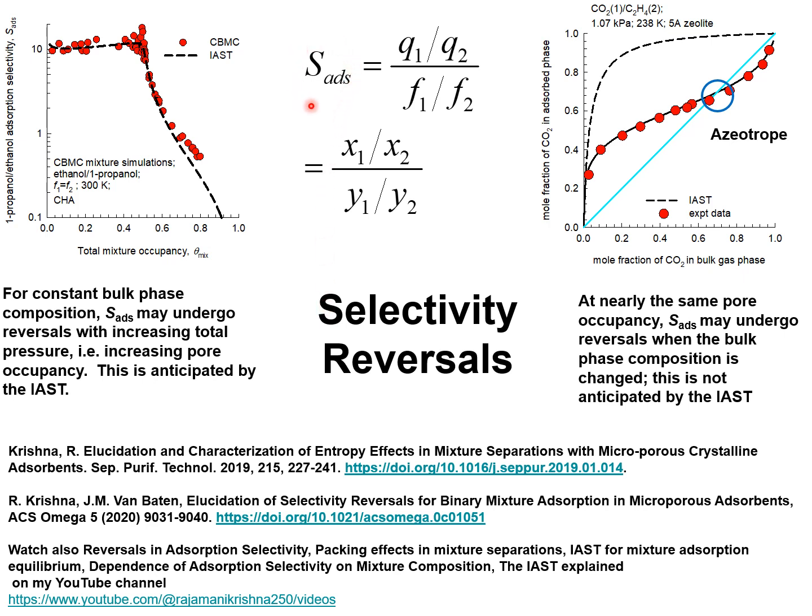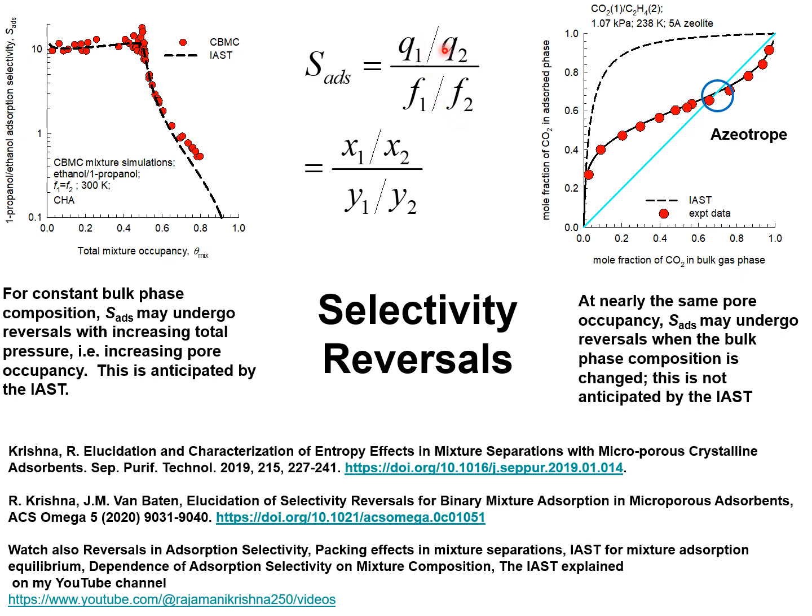The adsorption selectivity is the ratio of the component molar loadings of 1 and 2 divided by the corresponding partial fugacities of components 1 and 2 in the bulk fluid phase mixture.